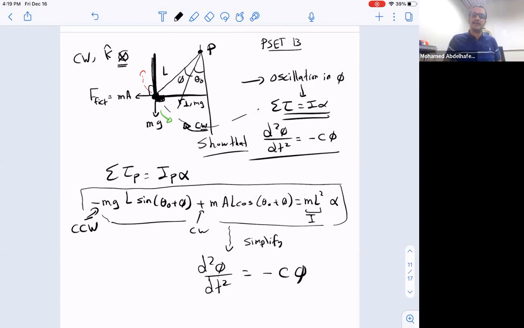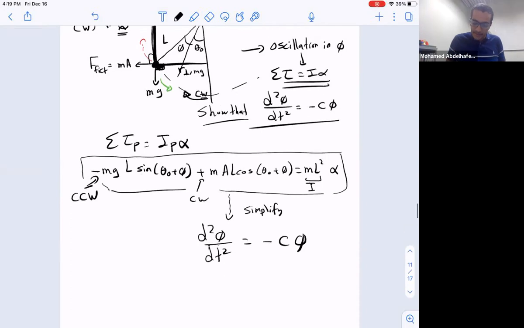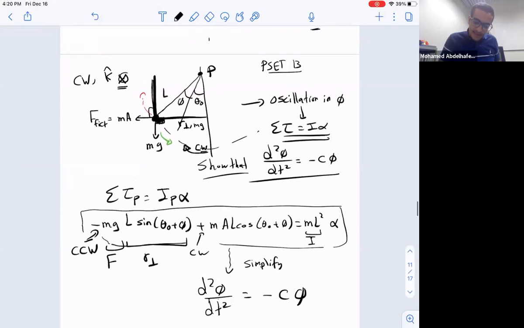The MG L sine theta is because the torque is the force times the perpendicular distance. That's what torque is. Perpendicular to what? To the force. If you look at gravity, this right here is the full distance from gravity to the pivot. I don't care about the full distance; I only keep the perpendicular part of it.